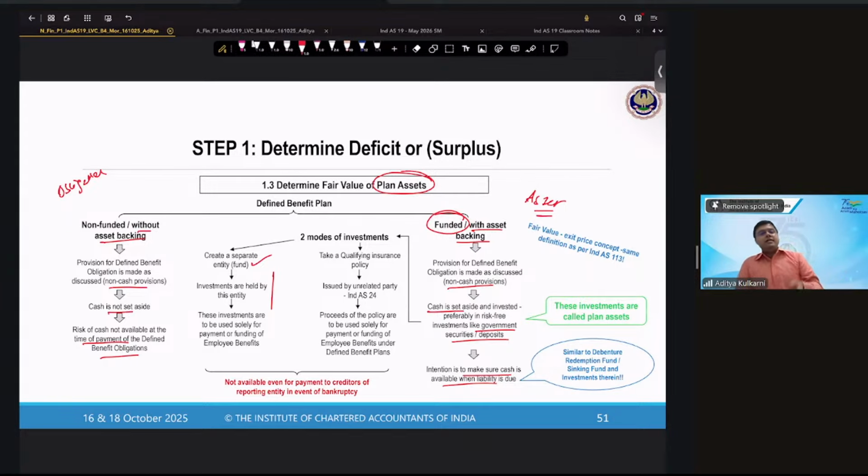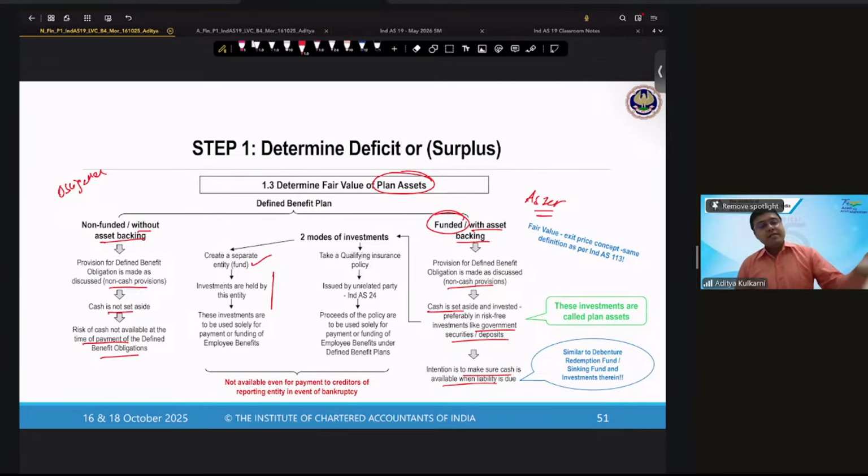See, if you put it in your own entity, you will end up using it, which is why the recommended thing is what? You park it in a separate legal entity. You create an employees benefit trust, transfer money to that trust, and from that trust you do the investment.